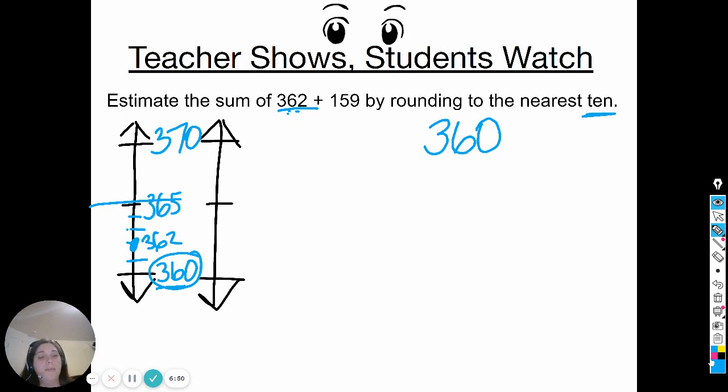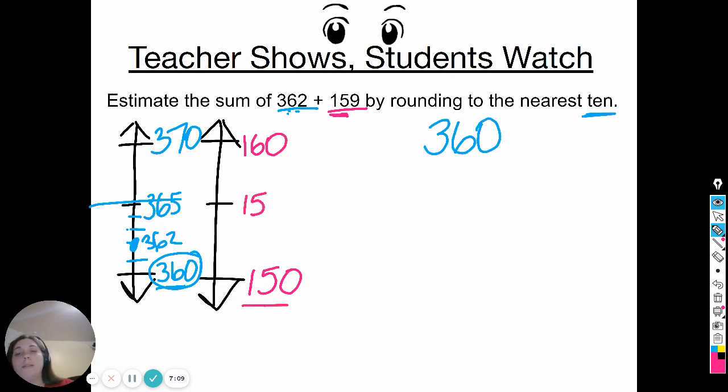My next number is 159. So I'm looking in the tens place, and I have a 5, so I'm going to keep those 15 tens and add one more 10 for my top number, which is 16 tens. My halfway point keeps the 15 and puts a 5 at the end.